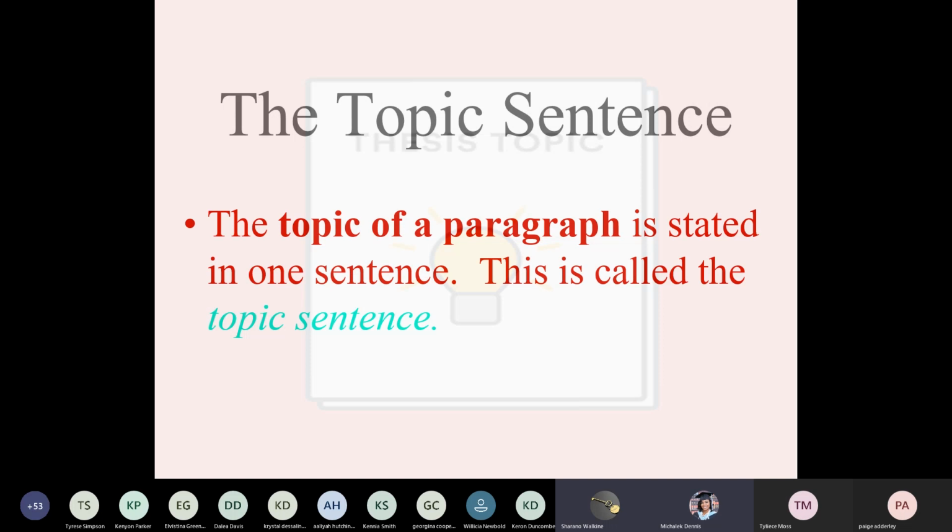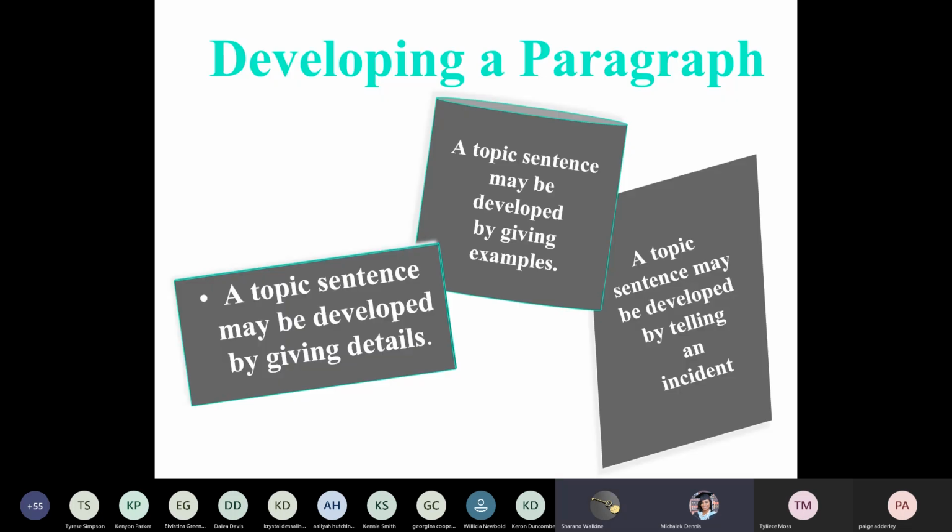So you have to be very concise, and you have to know how to construct a good topic sentence. This is something that we're reviewing because it's something that you need. Remember the topic sentence is the first thing you're reading before you continue with the entire paragraph.